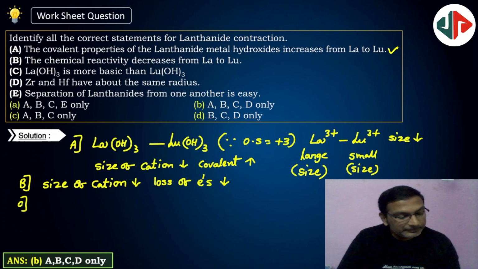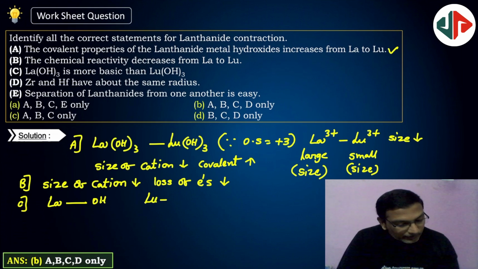Option C. Lanthanum hydroxide is more basic than lutetium hydroxide. That means in lanthanum hydroxide, there is more bond length between La and OH when compared to LuOH. So it can release OH minus ions very easily.